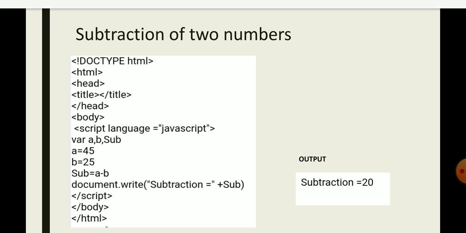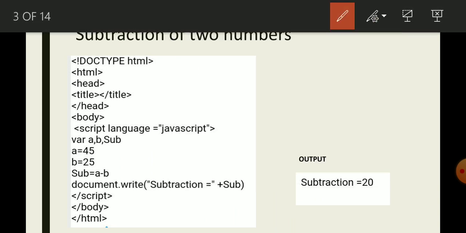In the same way, you can do subtraction of two numbers. In this example, a, b and sub are the variables. Then document.write statement is used to display result on the web page. Now in this example, result is stored into variable sub, and for concatenation plus operator is used.